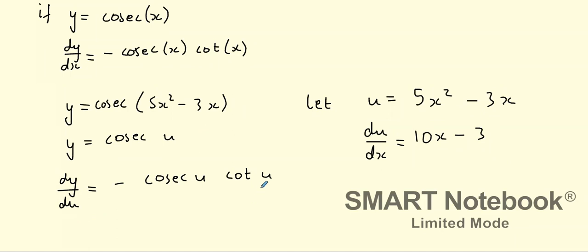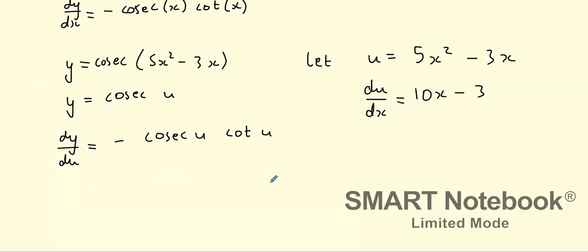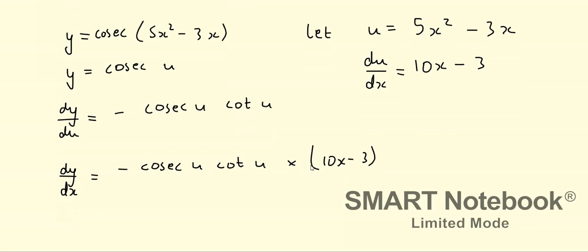And so, well, actually second last, I'm going to have minus cosec u cot u times by 10x minus 3, due to my chain rule, which would have been dy over du times by du by dx.